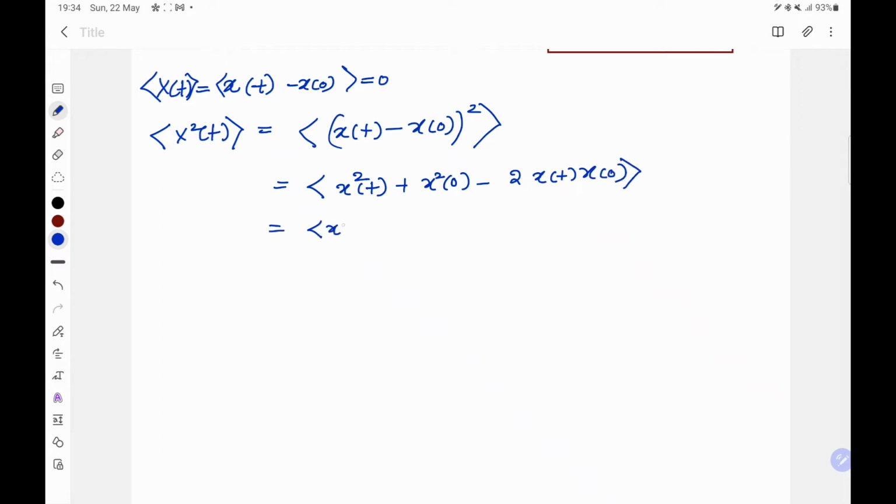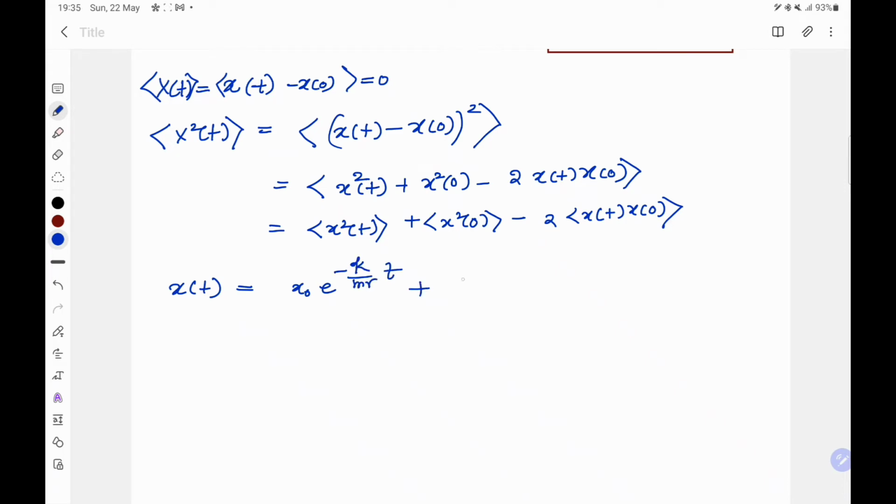So we know this term, we have to calculate this x(t) x0. So x(t) was x0 e to the power minus kappa over m gamma t plus the integral from 0 to t of eta(t prime) over m gamma e to the power minus kappa over m gamma (t minus t prime) dt prime.